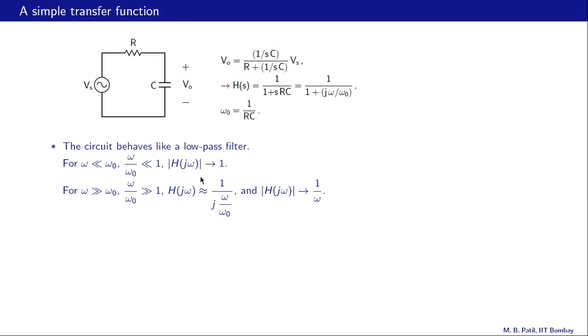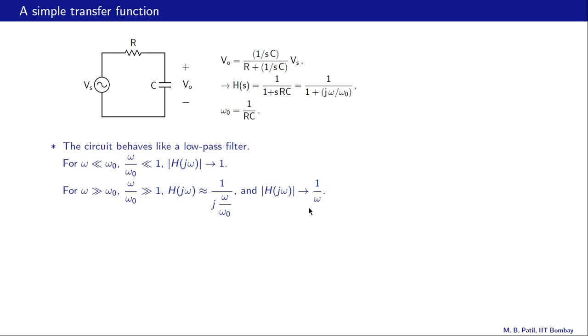What about omega much larger than omega 0? Then this 1 is small compared to this term, and our transfer function then is approximately 1 divided by j omega over omega 0. And omega 0 is a constant. When we take the magnitude of this H of j omega, we get H of j omega proportional to 1 over omega. What does it mean?